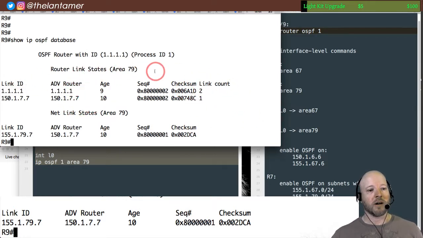We have our router LSAs, type 1s for Area 79. There's a router ID, which is just a 32-bit number, right? I just happen to use an IP address. The link ID is this.